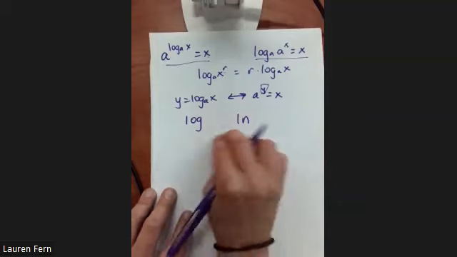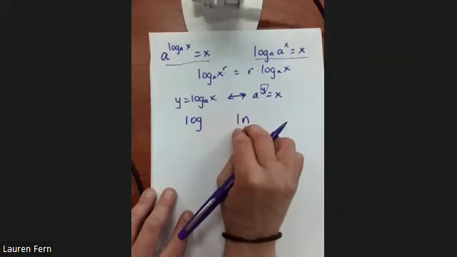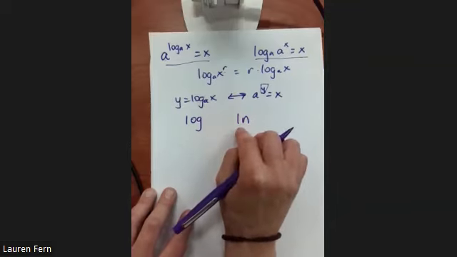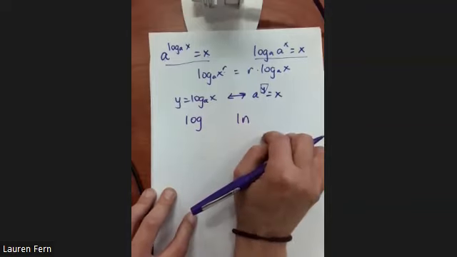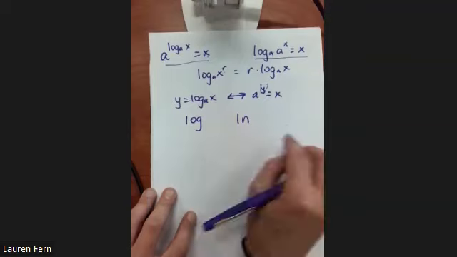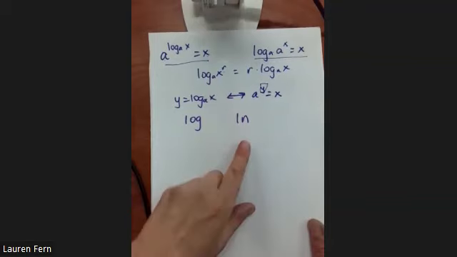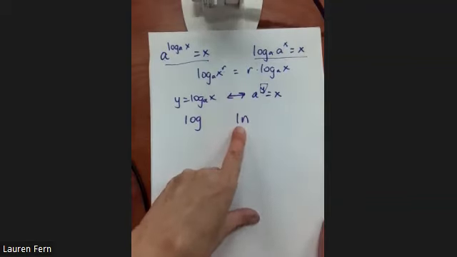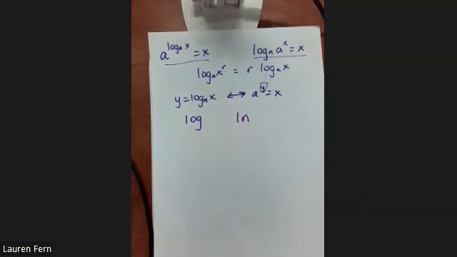In general, it doesn't matter which one you use. I'm a natural log type of gal because, obviously, one would hope I've gone through the calc sequence and I see the beauty of the natural log and e, and I love the number e. I think it's just beautiful. So I tend toward this, plus it's one less letter to write, and so my weary arm won't get as tired.